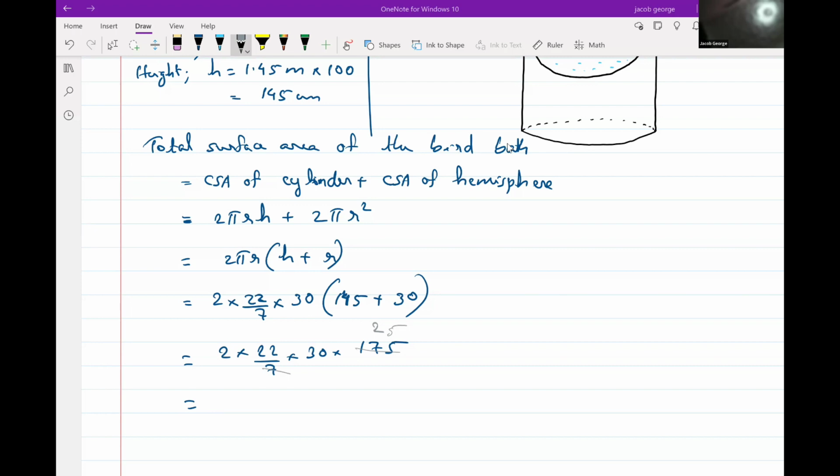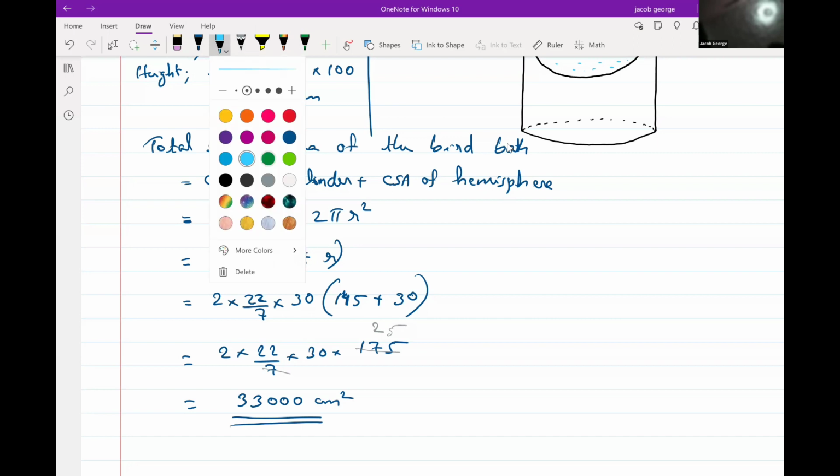So the answer is 33,000 centimeters square. How many of you got 33,000 centimeters square? In case the question asks us to write in meter square, you will divide by 100 into 100. Centimeter square to meter square, divide by 100 into 100. Here is it asked? No, here it is not asked, so the unit is not a problem.